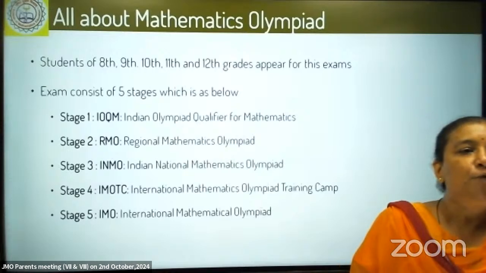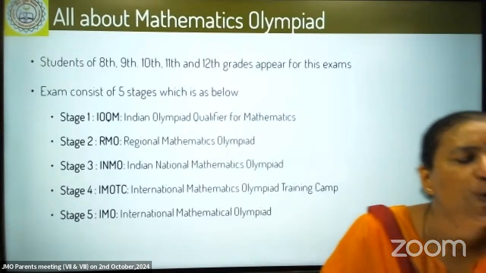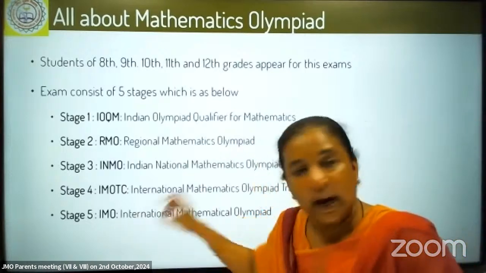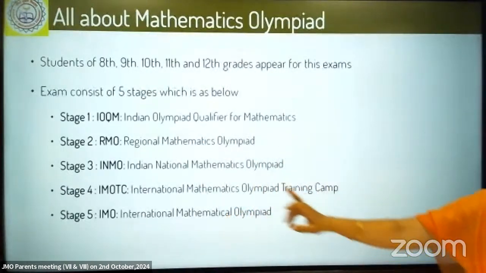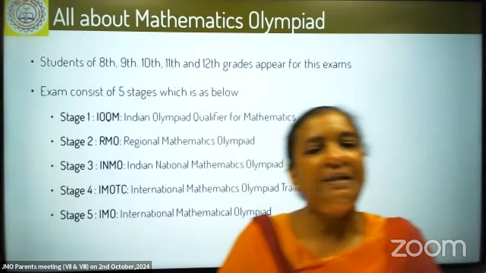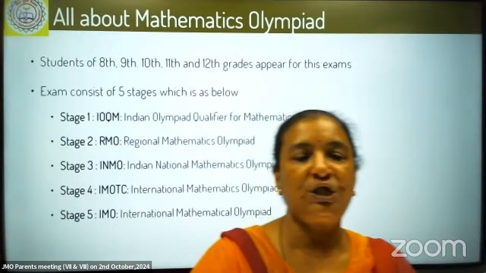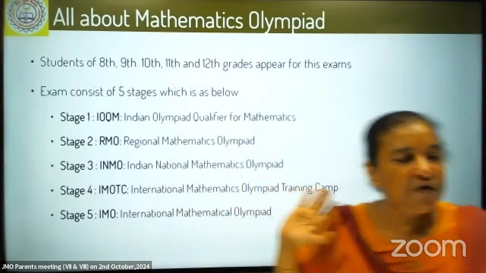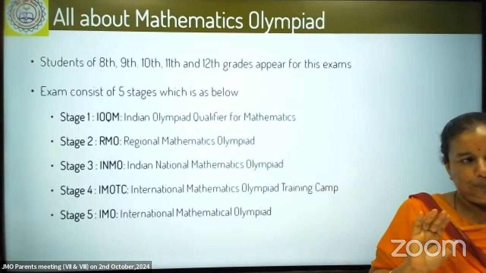From these 40 students, 6 students are selected for the International Olympiad, IMO. IMO is the International Mathematics Olympiad. So 6 students represent India in the International Mathematics Olympiad. So this is the Olympiad journey which I have explained to you.